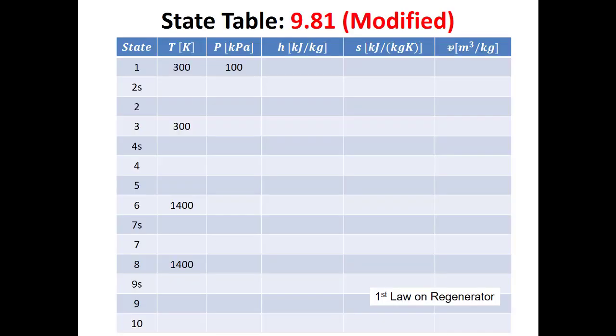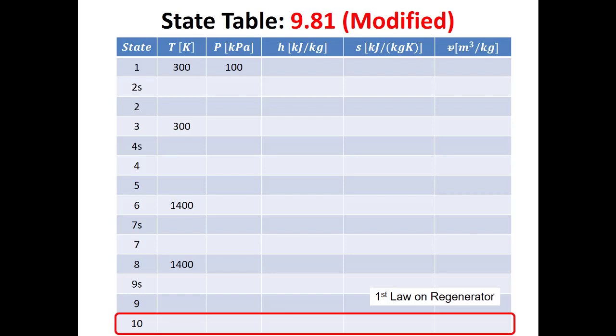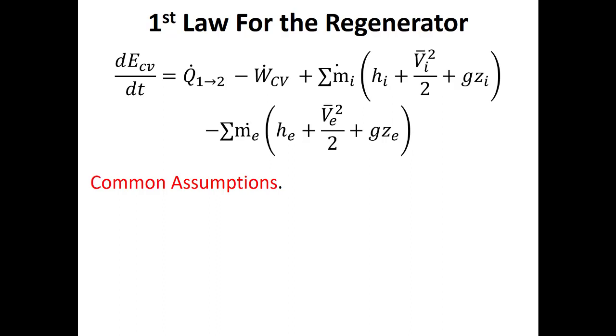So now the only state we haven't fixed is state 10. So for state 10, again, we're going to have to do the first law on the regenerator. Before, we did the first law on only the cold side of the regenerator to get the regenerator efficiency. But now we're going to do the first law across the whole regenerator, right? Remember, this is a component that has more than one inlet and more than one outlet.